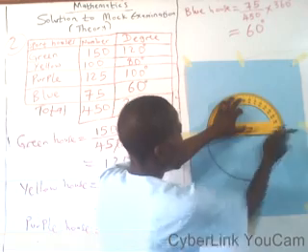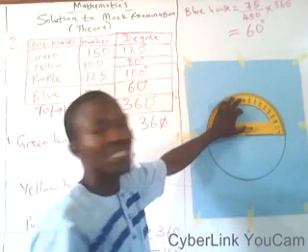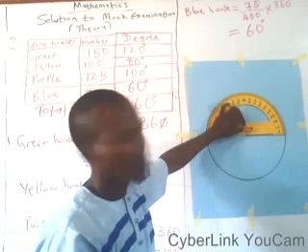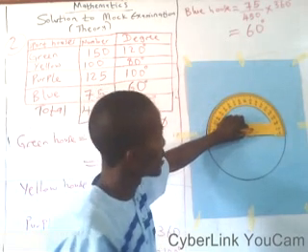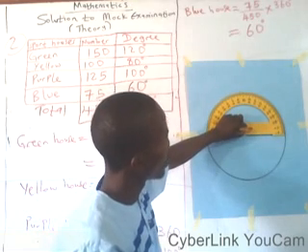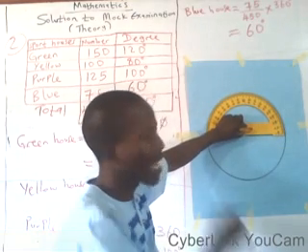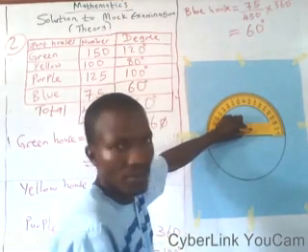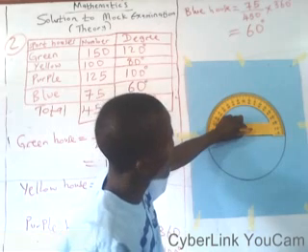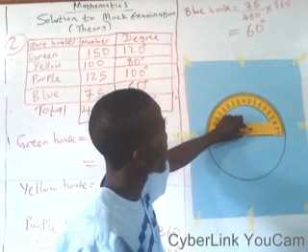Go to the edge of this protractor. Start your counting from 0. So the line here on the protractor is the one that you are going to use. Make sure the line on that protractor is on the same line with the line that you drew. Now in that case, you start from 0 and start counting.